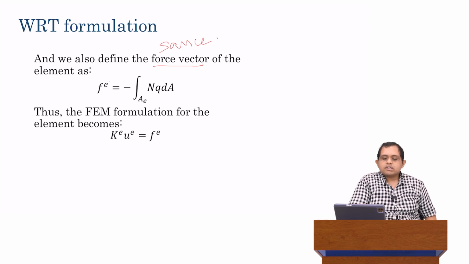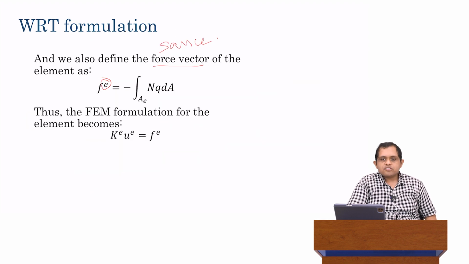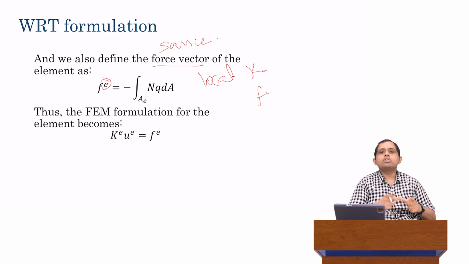So the force vector is negative integral within the area N, Q, dA. Note I'm putting the superscript E in this case. This superscript E stands for element. This is the stiffness matrix and the force vector for the element. Sometimes we also call this the local stiffness matrix and the local force vector. Local in the sense it's only for that element. We will see what the opposite of local, which is global, means.